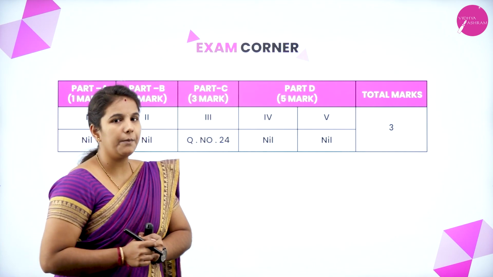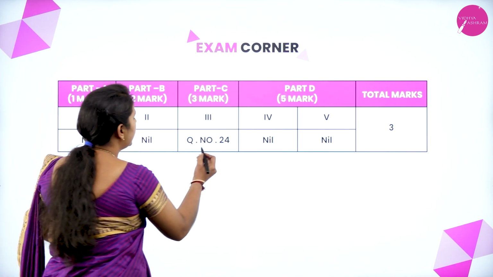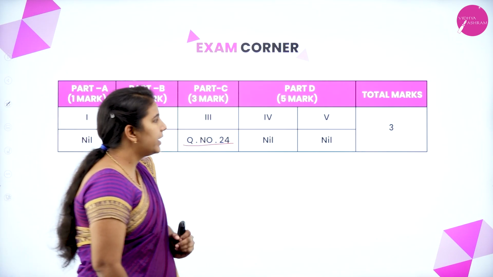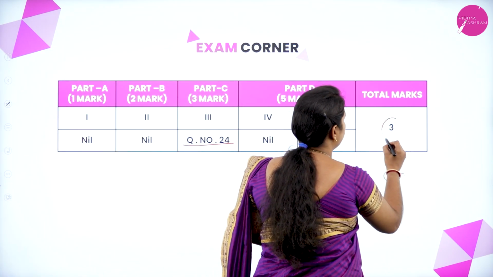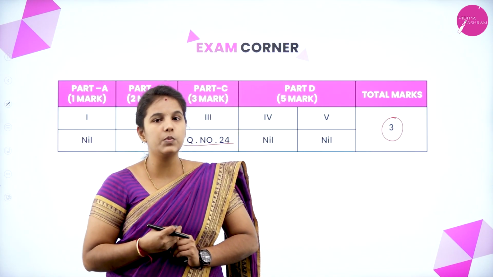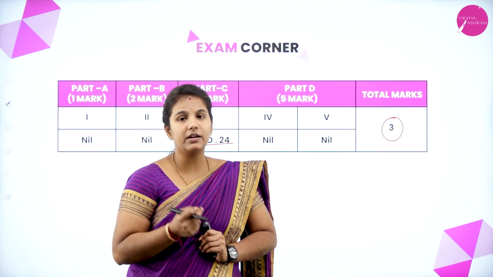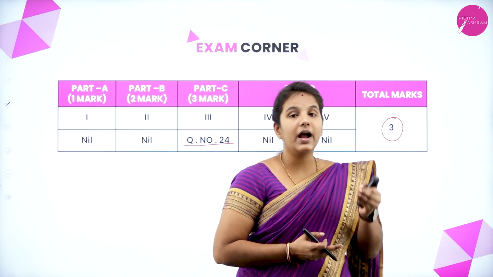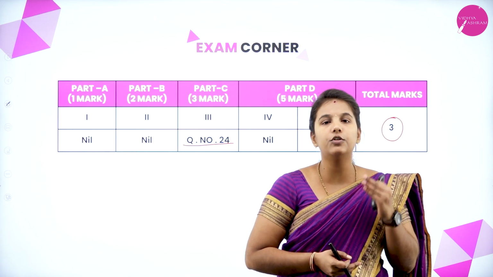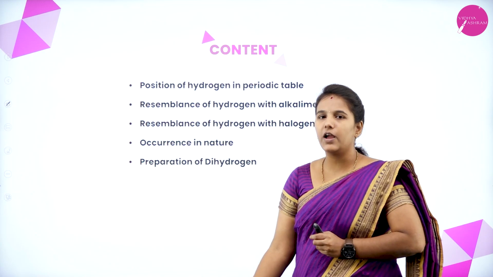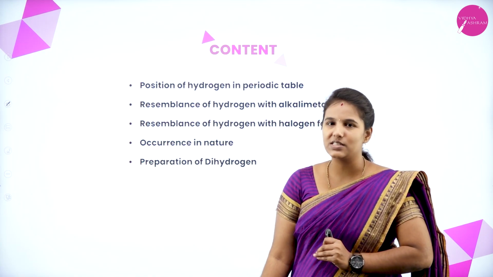Remember, question number 24 from part C will come from this unit and the total weightage will be 3. So it is very simple. Again, remember, sometimes they will ask the 3-mark question directly and sometimes it will be split into 2 plus 1. Okay. Let's see what we are going to discuss in this session.